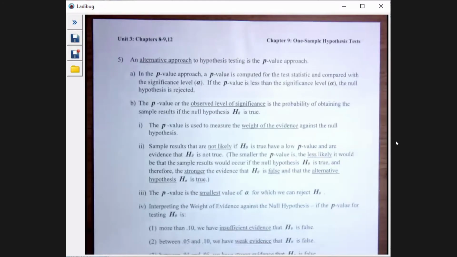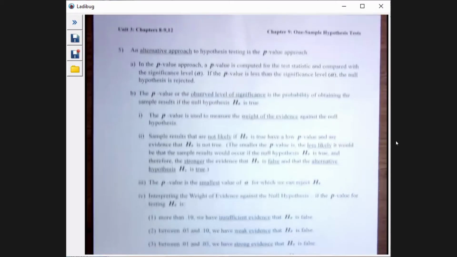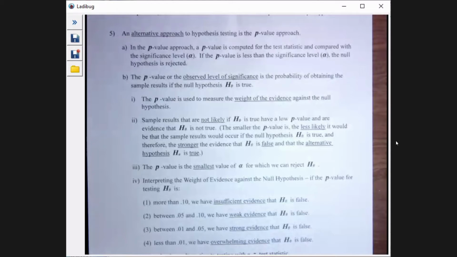They do an approach called a p-value. If you read any kind of research at all, like drug companies testing their drugs, they'll always have p-values. They'll never have critical values. So here's the thing about the p-value.